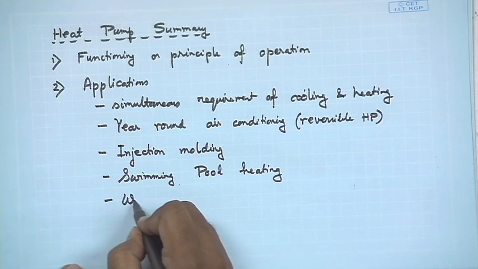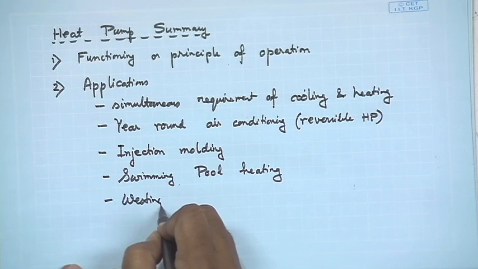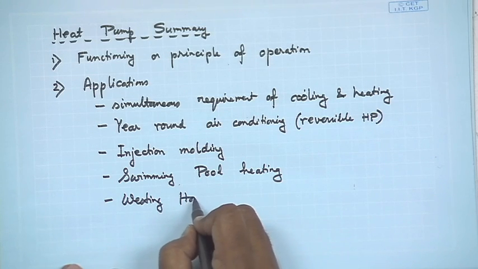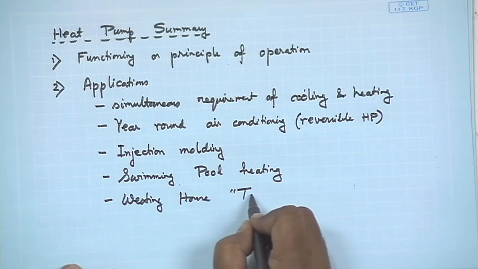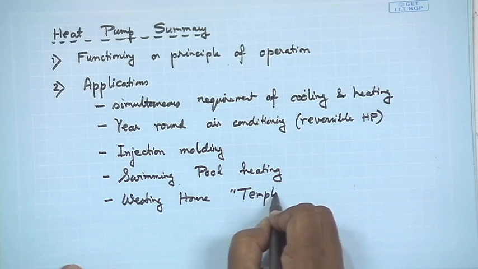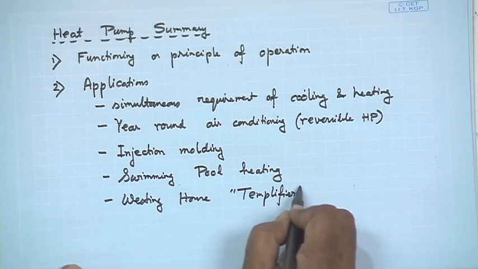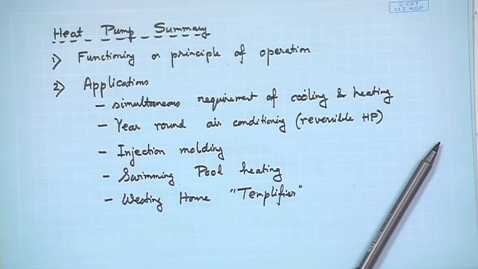All right. So, that was another example. One wonderful application which has been there for many years now is the Westinghouse template. In the template, what we use is water again, and we use a two-stage compression, therefore two compressors and two expansion valves.